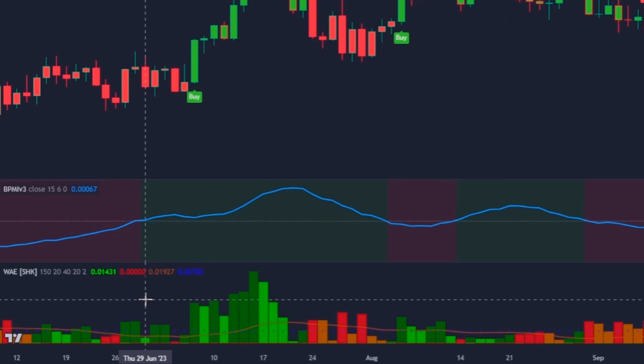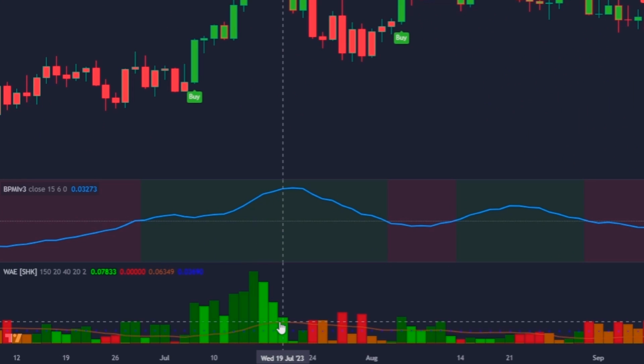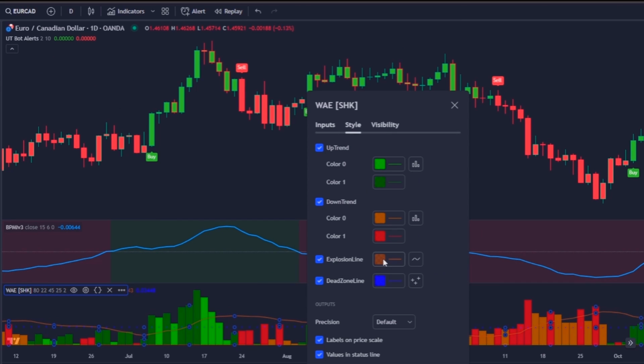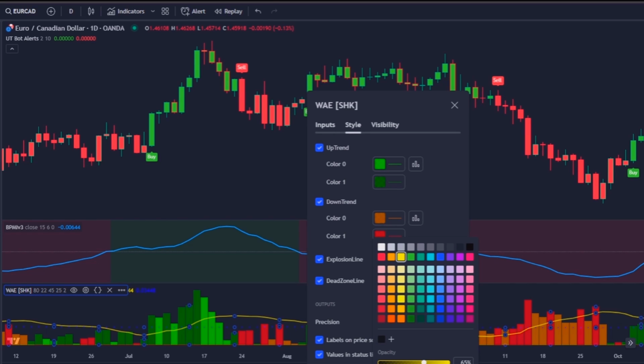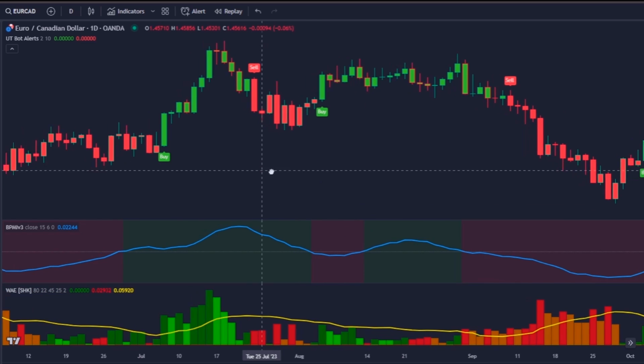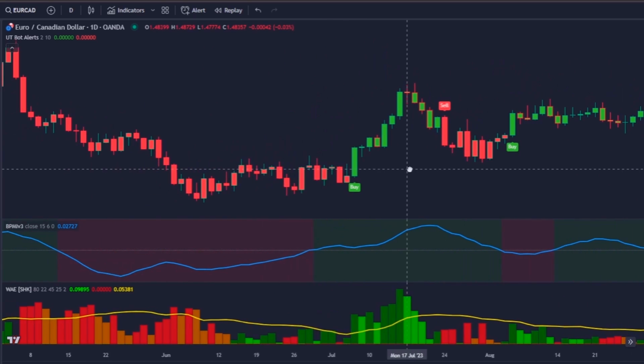It is formed by these volume bars and by two lines, the explosion line and the dead zone line. On its settings, let's change them to 80, 22, 45, 25 and 2, and on the style section change the color of the explosion line to yellow, increase its opacity and turn off the dead zone line, which in this strategy doesn't do anything.